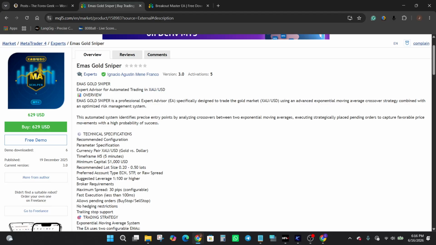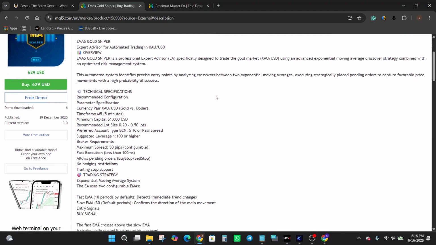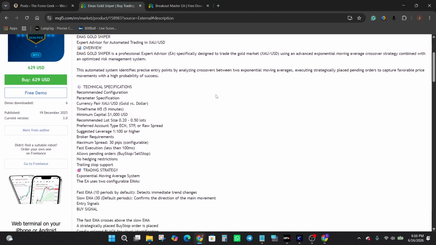The developer describes it as an automated system built around an exponential moving average crossover strategy combined with risk management features and pending order execution. The recommended setup is clearly outlined on the page.